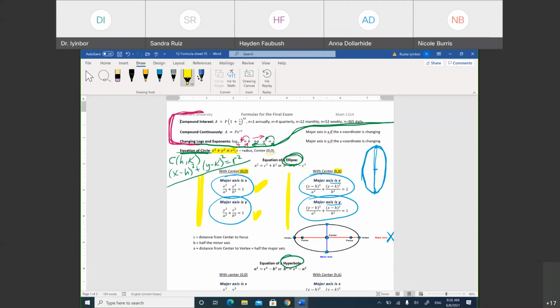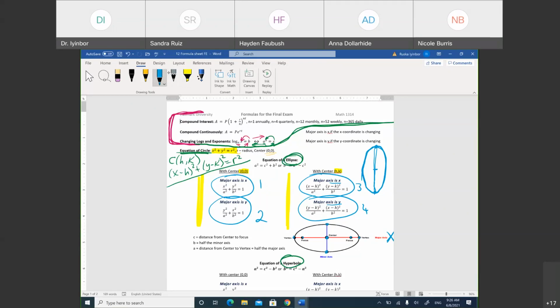So when you have to solve a problem, you're going to look first, what is the center, what is the major axis, okay? So if the center is 0, 0, and the major axis is y, which equation you're going to have? First, second, third, or fourth equation. Center 0, 0, major axis y. Which one it is? 2. That's right. It's going to be equation 2.